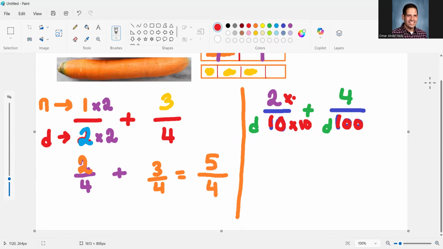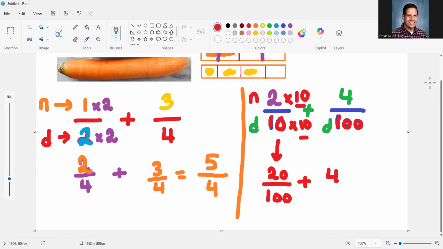So all I need to do is just multiply the numerator and the denominator by 10, and that's going to create an equivalent, same fraction, but divided differently. So I'm going to have a new denominator of 100, and 2 times 10 is 20.